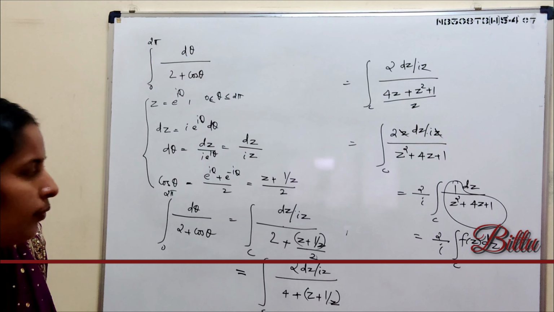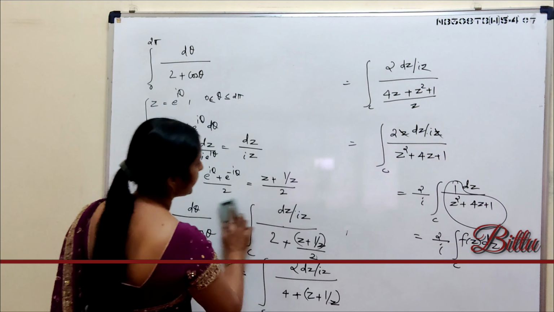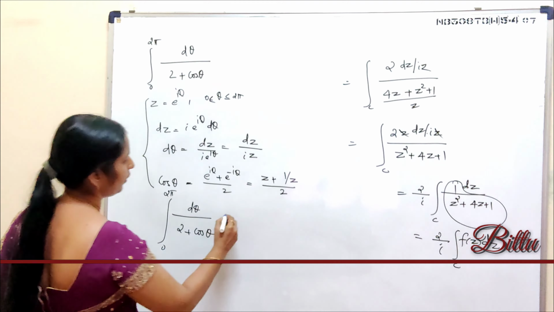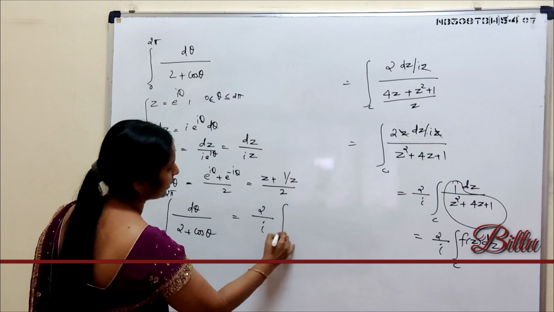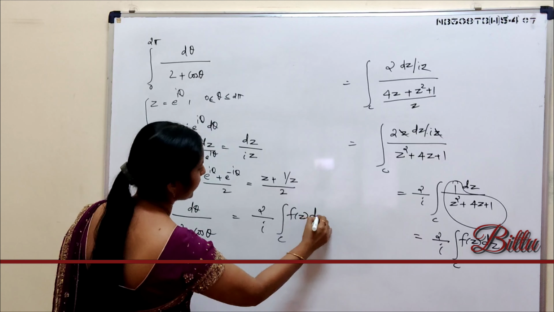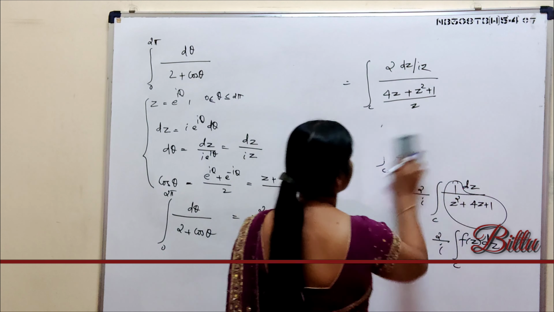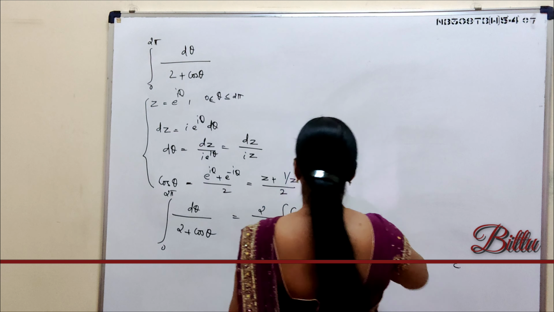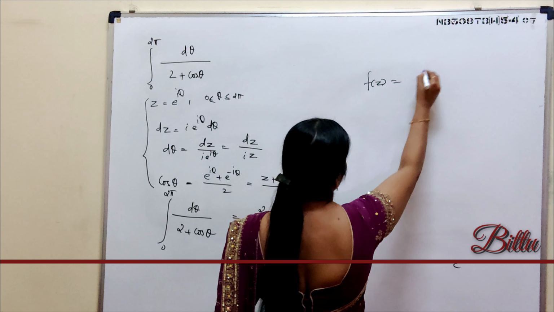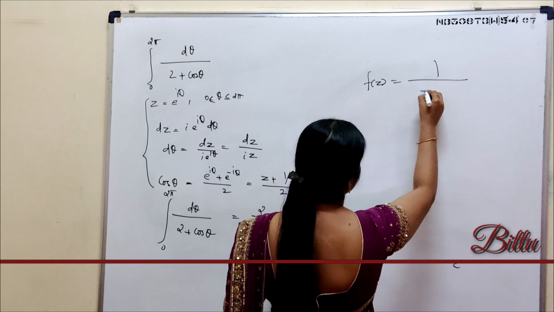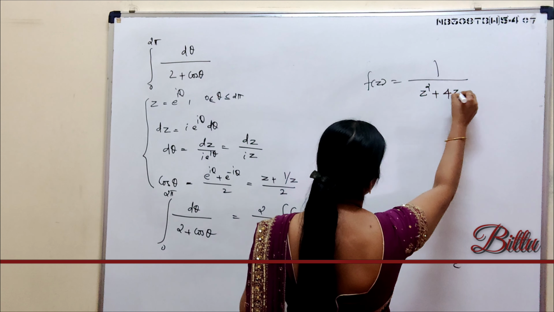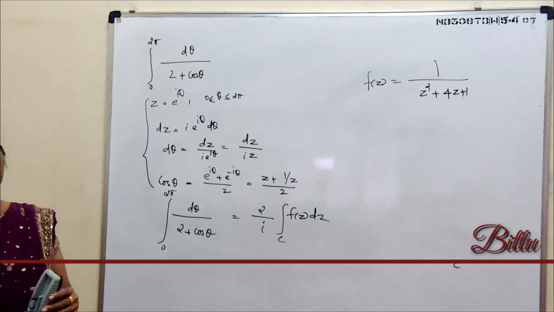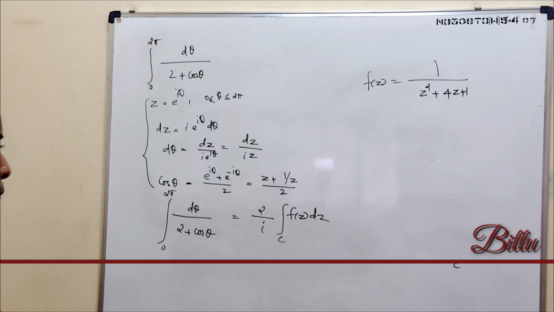See here, we noticed this integral is same as 2 by i integral over c f z dz. Here f z is 1 by z square plus 4z plus 1.